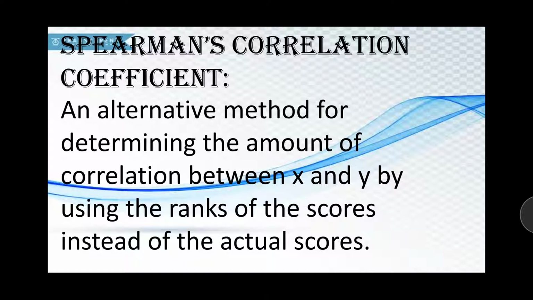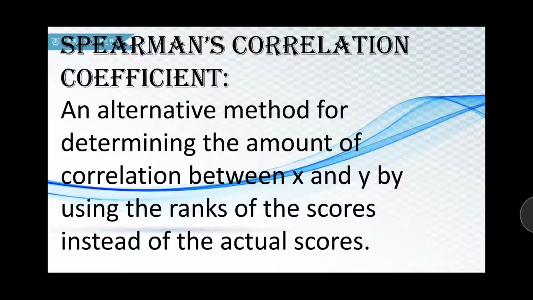In this method, we are going to be using the ranks of the scores. Ranks means that we'll be arranging them in descending order or ascending order, from the highest to the lowest, and we give them positions: first position, second, third, fourth, and so on. That's what we mean by ranks.